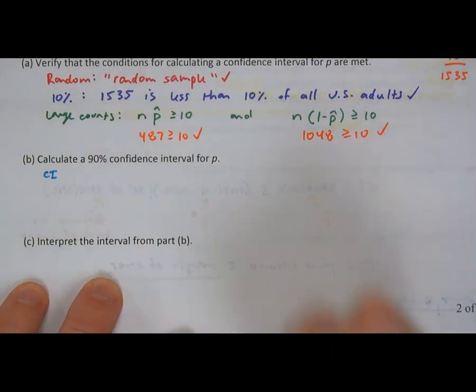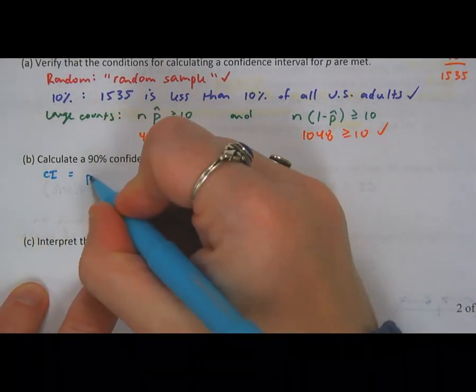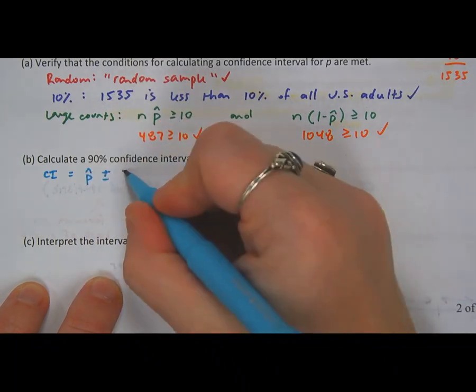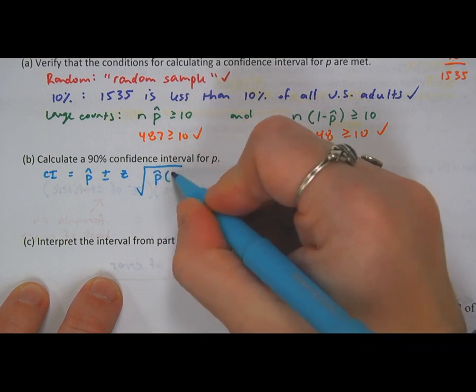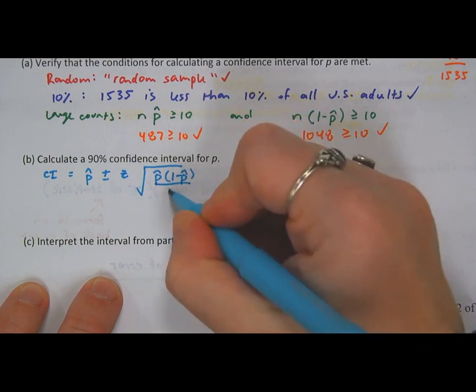Part B says calculate a 90% confidence interval for p. Alright, so to calculate the confidence interval, we need to use the formula that says confidence interval is going to be p-hat plus or minus z times the square root of p-hat times 1 minus p-hat over n.